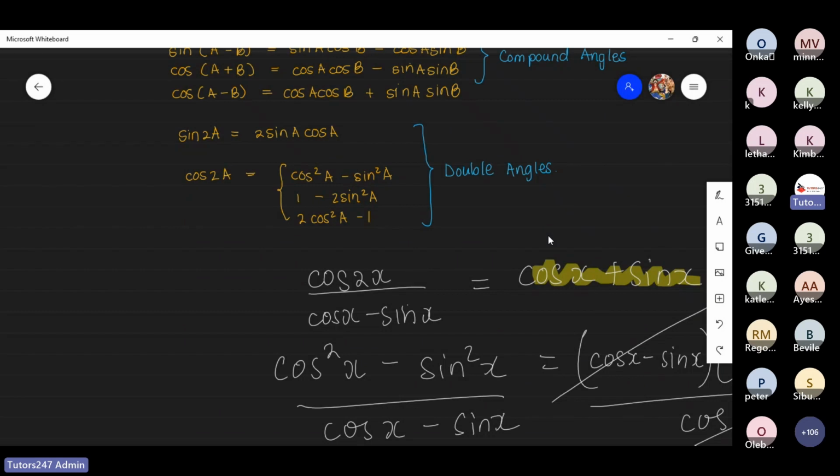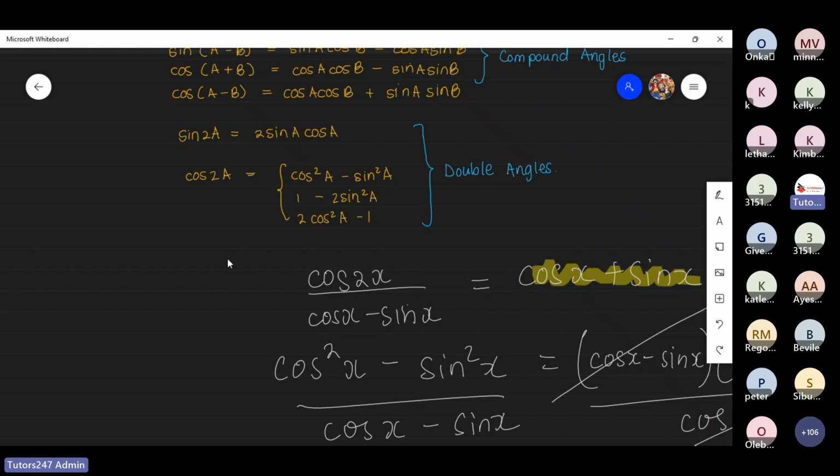If your question has a mixture of cos and sine, I would recommend using cos squared of A minus sine squared of A. If your question only has sine, then I would recommend using the second one, that being 1 minus 2 sine squared A. If your question has only cos identities in it, I would recommend using the last one, 2 cos squared of A minus 1. So depending on what is given within your question, you can use the corresponding identity.